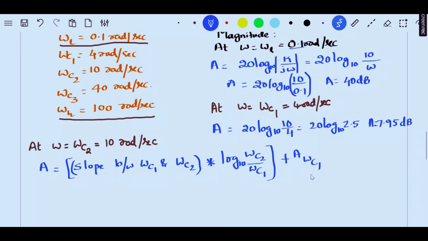This is the same formula that we use for every problem when we are solving.